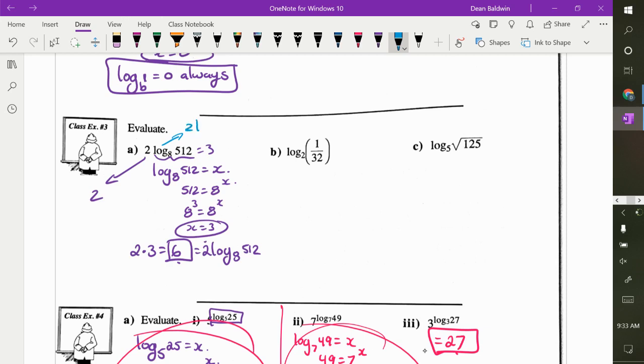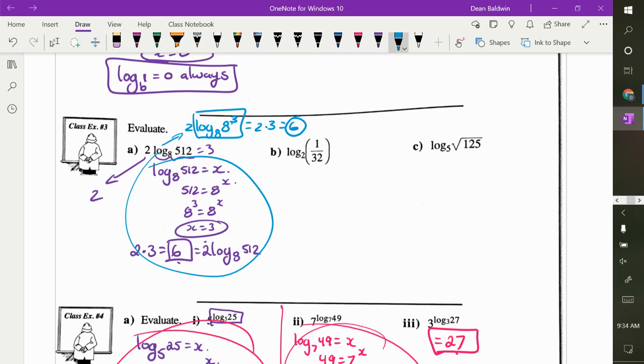Yes, it's the same as 8 cubed, right? 8 cubed is 512. So that means this whole thing is equal to 3. The 2's out in front, so I know my answer is 6. So you don't have to do this. Yeah, and you can do them quickly.